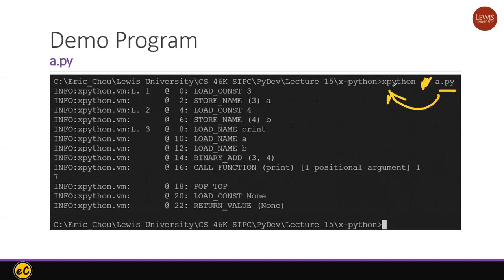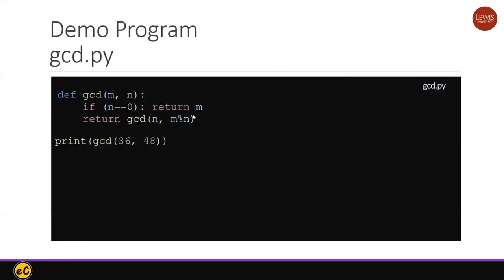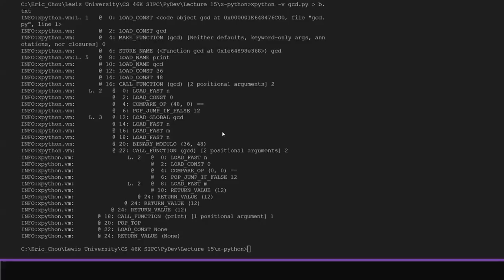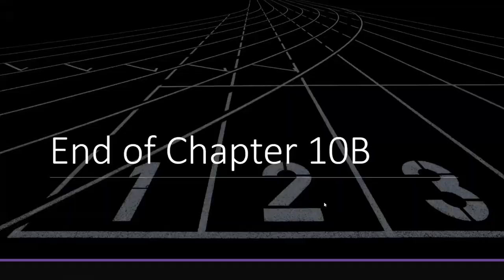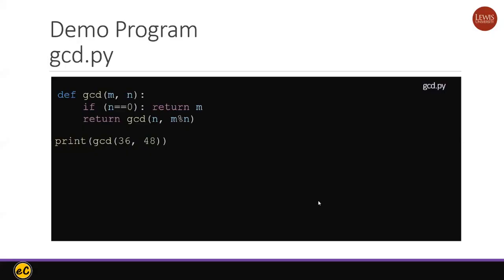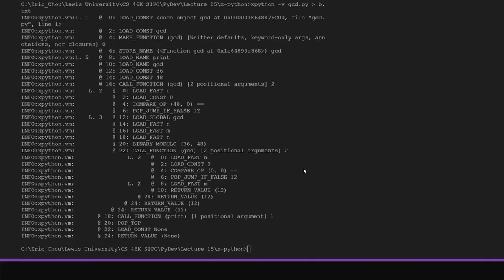When you say dash v, it will show you the virtual machine code. Okay, there is a GCD Python program, and this is the machine code for the GCD. I ran it on XPython. And that's it. Any question for this week?